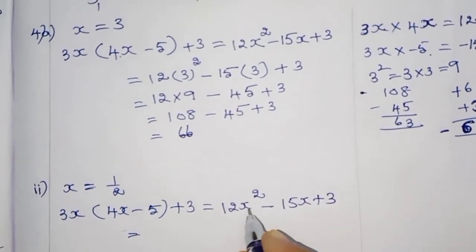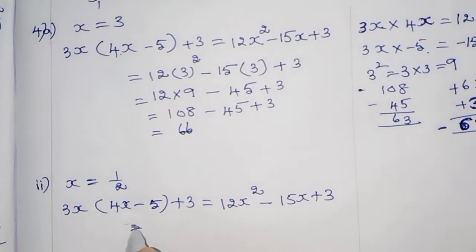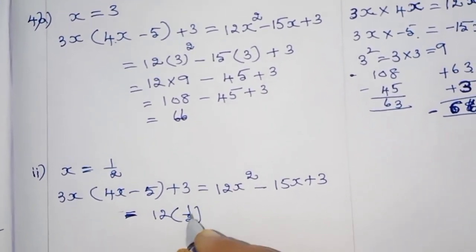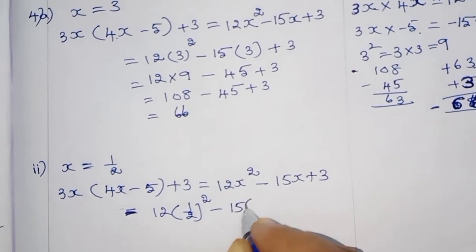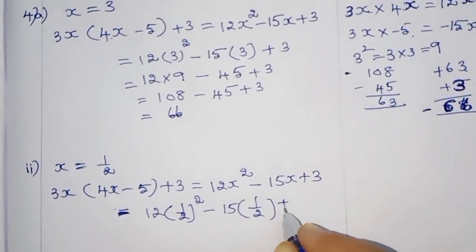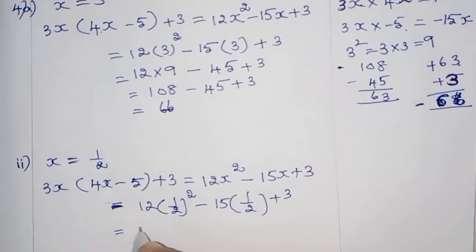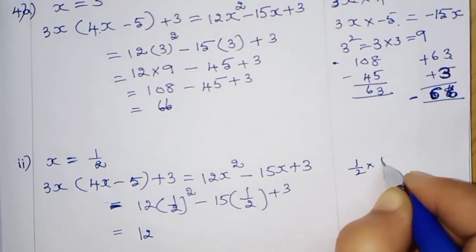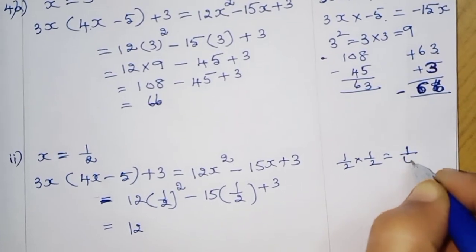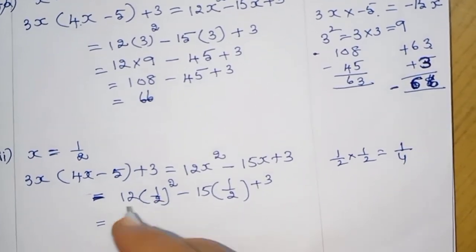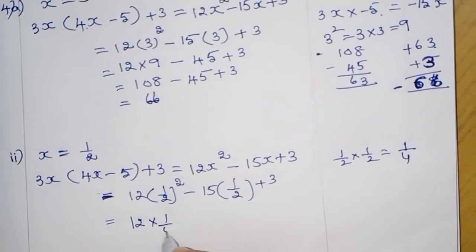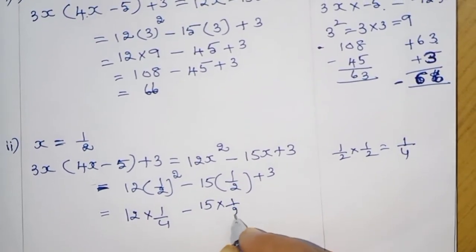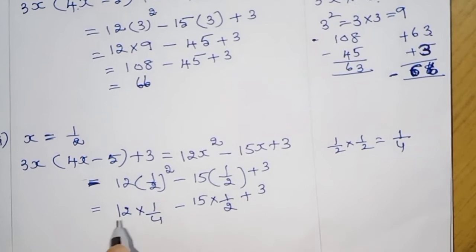So 12 into (1 by 2) whole square minus 15 into 1 by 2 plus 3. This is equal to 12 into 1 by 2 into 1 by 2. 1 by 2 into 1 by 2 is 1 one is 1, 2 twos are 4. So 12 into 1 by 4 minus 15 into 1 by 2 plus 3.